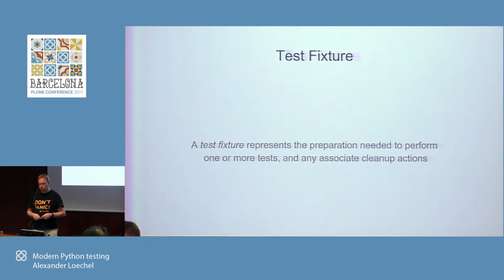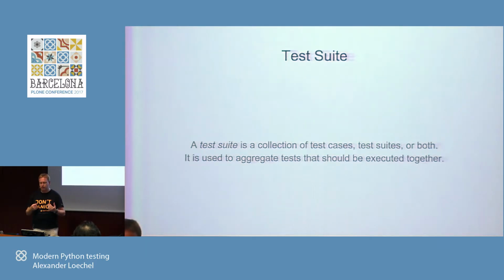A test fixture represents the preparation needed to perform one or more tests and any associated cleanup actions. A test suite is a collection of test cases, other test suites, or both. It is used to aggregate tests that should be executed together.